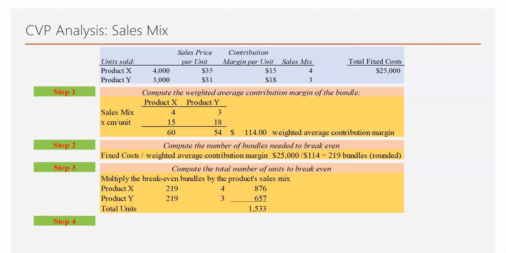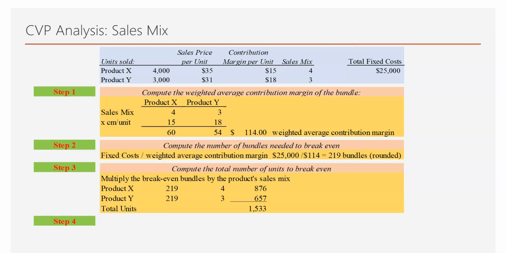Now I'm going to multiply the break-even bundles by the product sales mix. So on 219 bundles, each one of those bundles represents 7 sales, 4 sales of product X to 3 sales of product Y. Out of those 219 bundles, I'm going to have 4 units of product X in each, which will result in 876 units being sold.